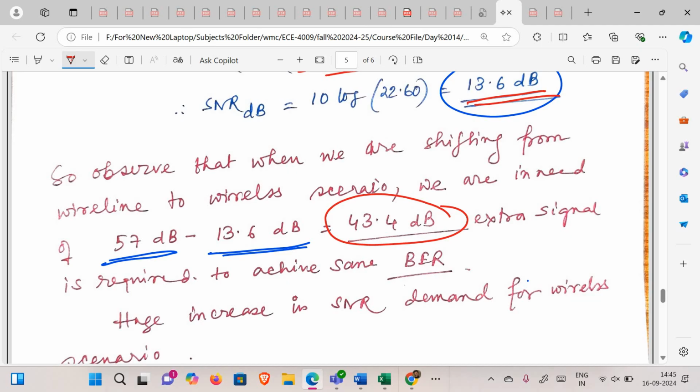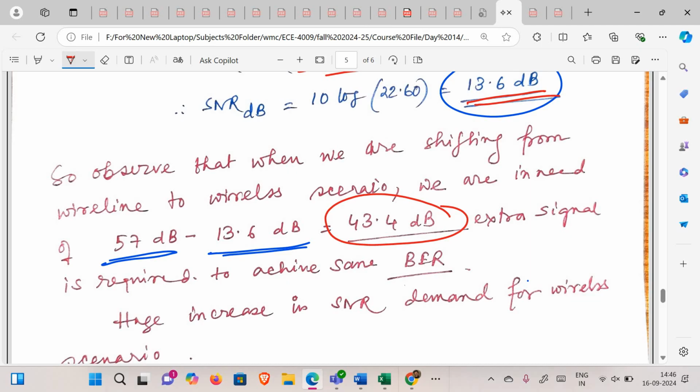And feeding this much power for a simple scenario of this nature is not very advantageous. So we need different adopting techniques, of which diversity is one, which happens to boost performance. It will make the SNR requirement come down and, on the other hand, improve the bit error rate to a substantial proportion. That is basically the introduction of diversity and why we require it. We'll come to that maybe next day.